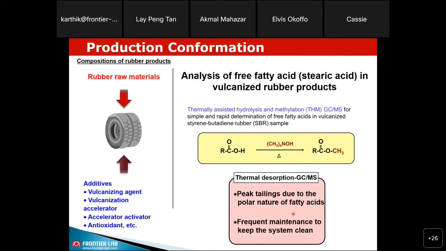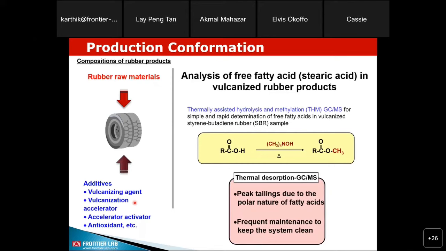Okay. Now we move on to another major objective of this analysis, which is additives, because you always see what type of rubber is in this material, but the properties are mostly influenced by the different types of additives present in the sample. All this is done by thermal desorption.